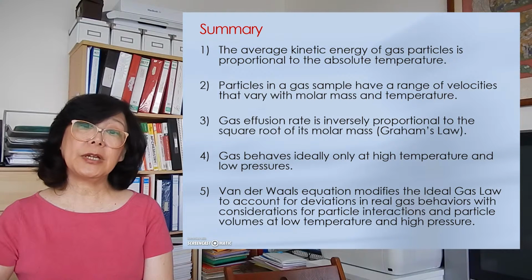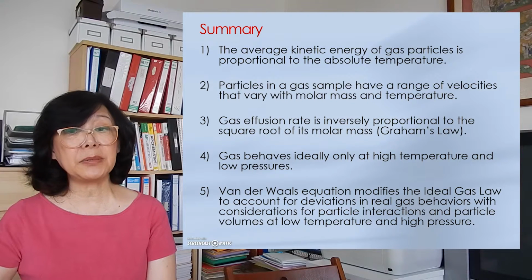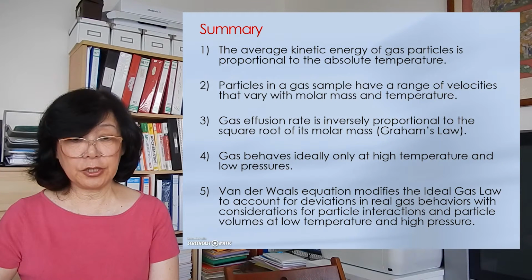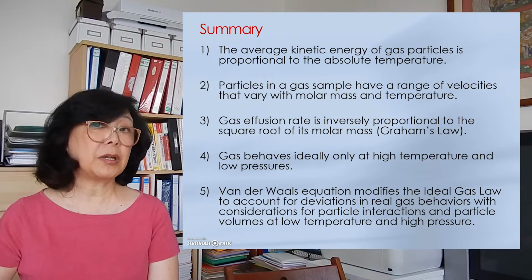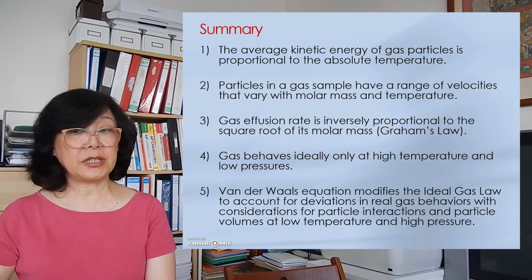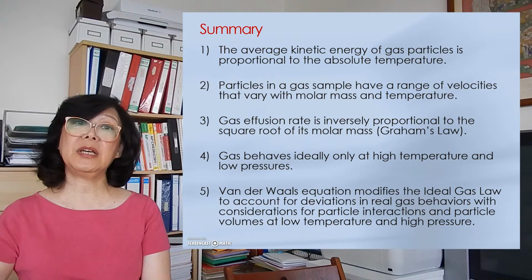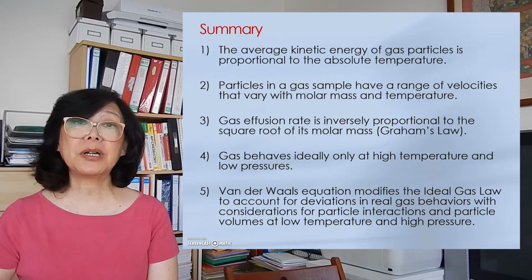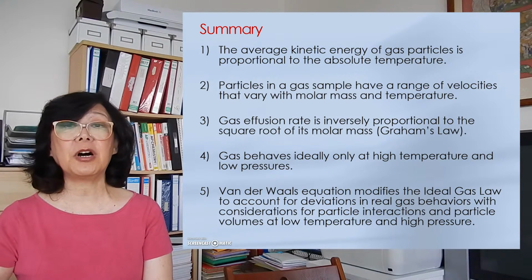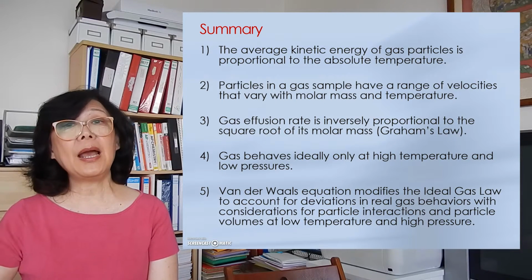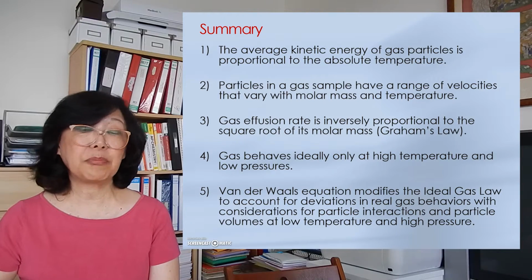That gas effusion rate is inversely proportional to the square root of the molar masses, known as Graham's law of effusion, and that gases behave ideally only at high temperature and low pressure. If it is low temperature and high pressure, there's a lot of deviation. And lastly, the Van der Waals equation, which modifies the ideal gas law equation to account for the volume occupied by the gas molecules and the intermolecular forces exhibited by gas molecules at high pressure.